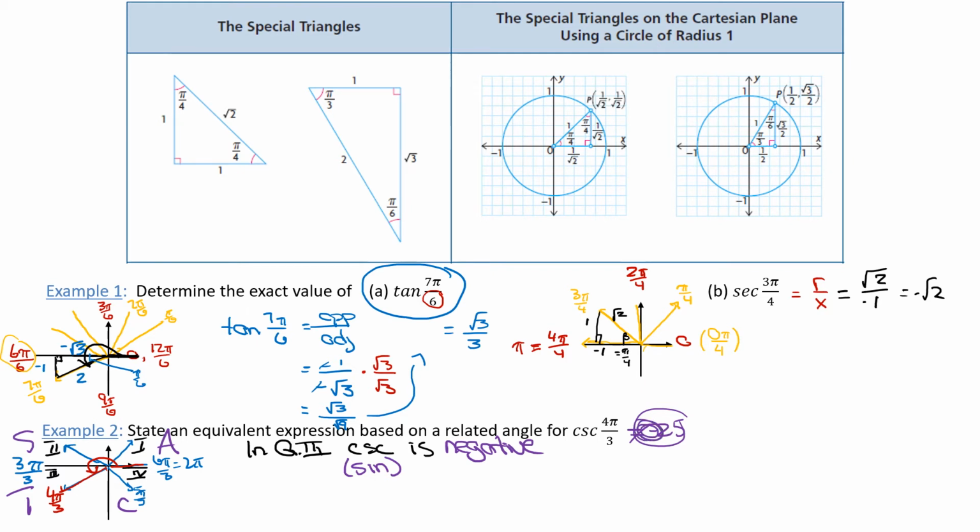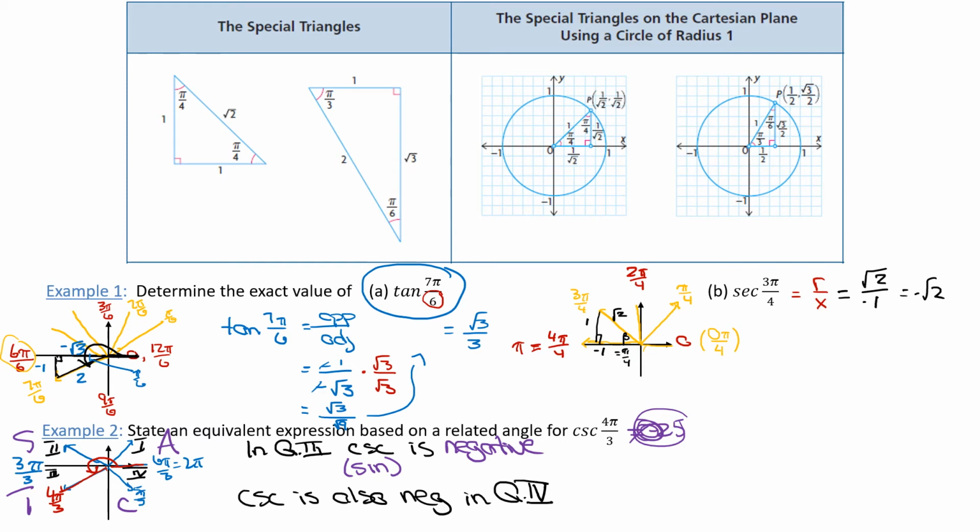Where else is cosecant negative? Where else could we get an equivalent answer? So cosecant is also negative in what quadrant? Quadrant 4.